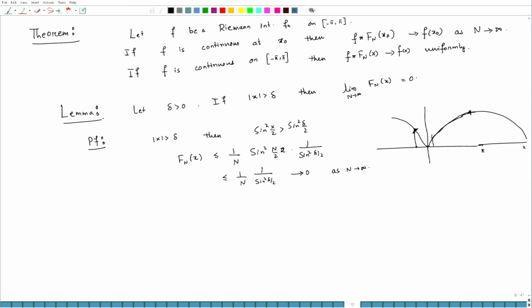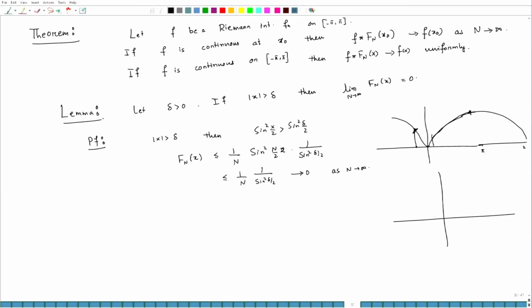So, now what happens is that if I am going away from the origin, look at the area covered by the Fejér kernel for larger and larger n. The Fejér kernel is going to look something like this.